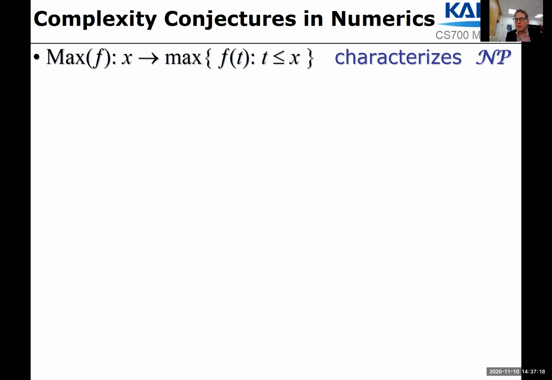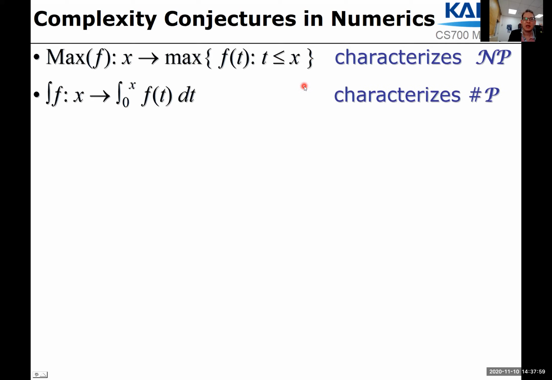So this is the maximization operator, parametric maximization, which we've established to characterize the complete discrete complexity class NP. The parametric maximum of a polynomial time computable smooth function is again polynomial time computable if and only if P is equal to NP.